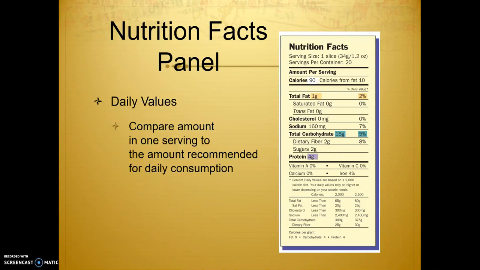So let's look first at the calories. If there are less than 50 calories, round the calorie value to the nearest 5 calories. So if it's like 47 calories, you would round down to 45. If it's 48, you would round up to 50.